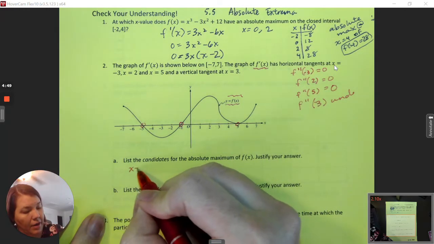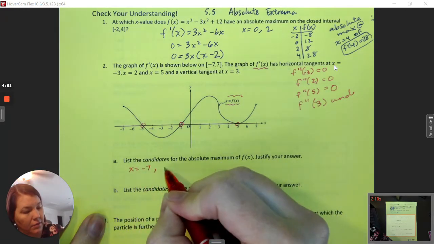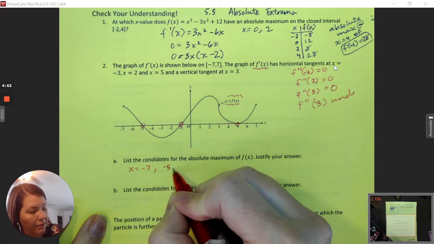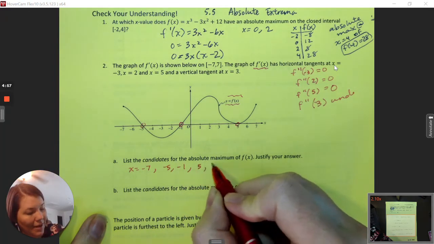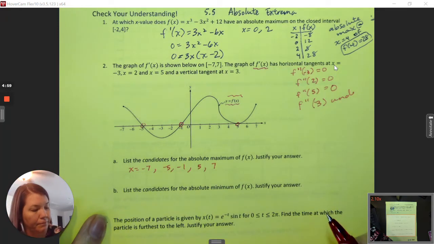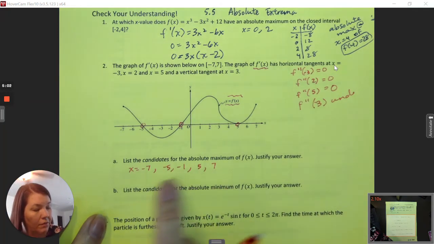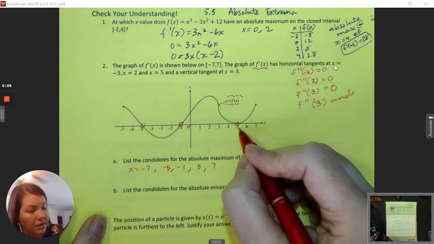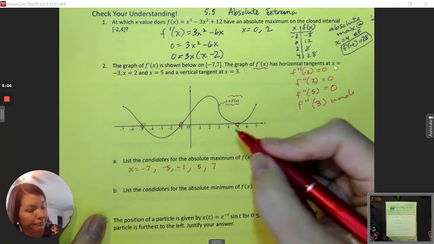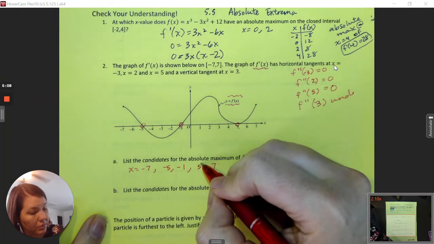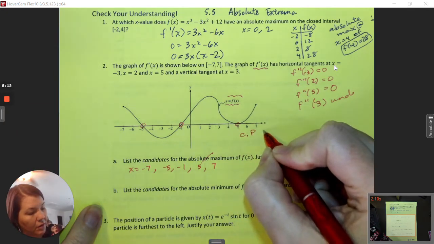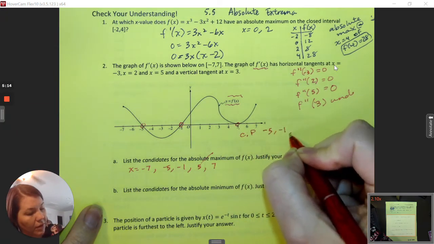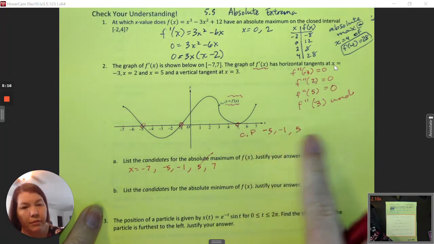So the candidates are x equals -7, -5, -1, 5, and 7. Now, 5 is neither. So these are the critical points. Critical points are -5, -1, and 5. Those are my critical points.